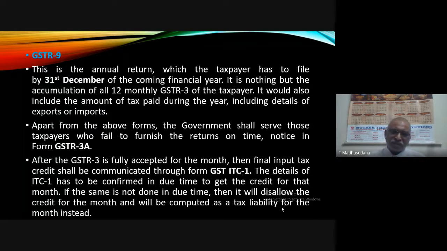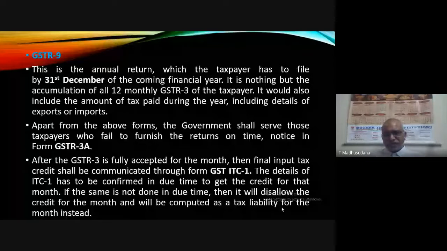So after finalization of GSTR 3, the final input credit details will be communicated through GST ITC 1.